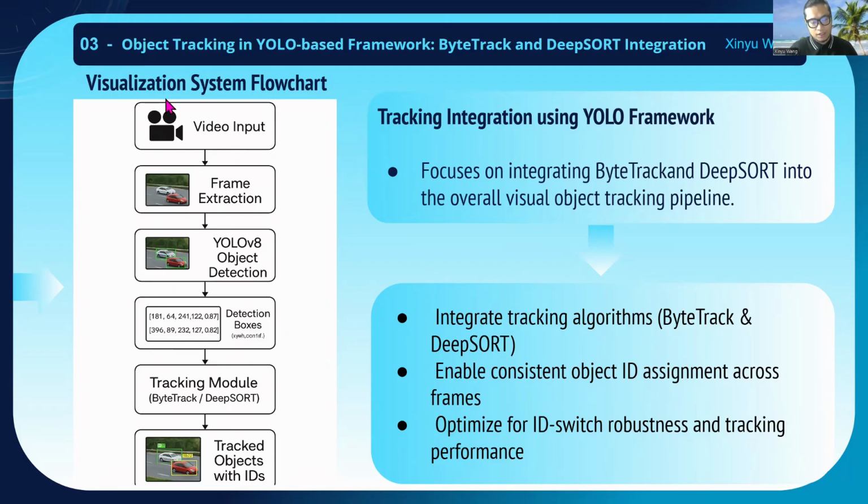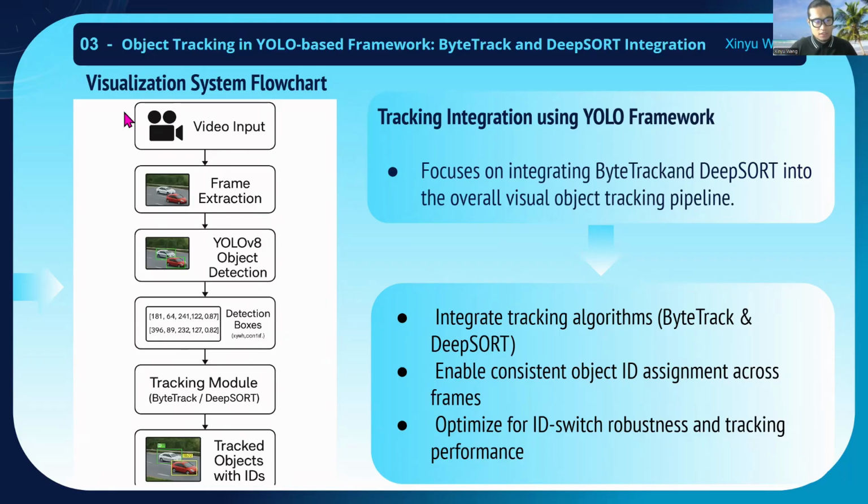So we incorporate two multi-object tracking algorithms, which are DeepSORT and ByteTrack. The purpose is to extend YOLO's detection into consistent object tracking. The goal is to ensure robust ID assignment, reduce identity switches, and achieve accurate tracking in crowded or awkward environments.